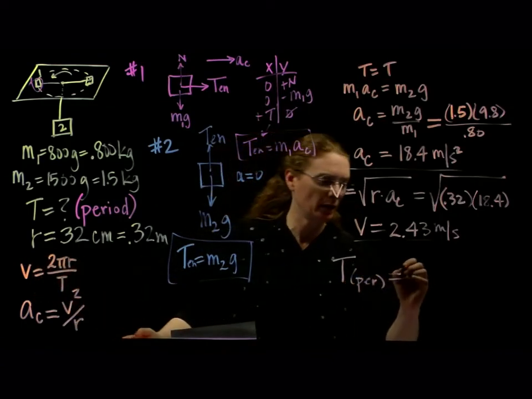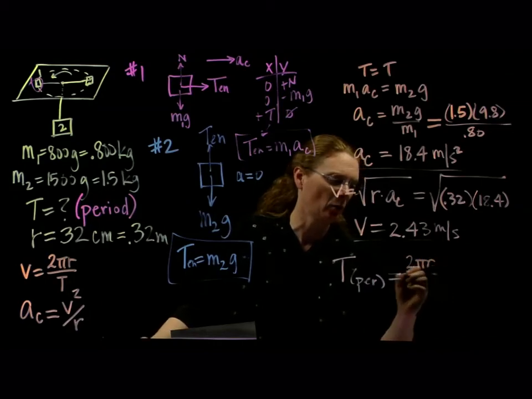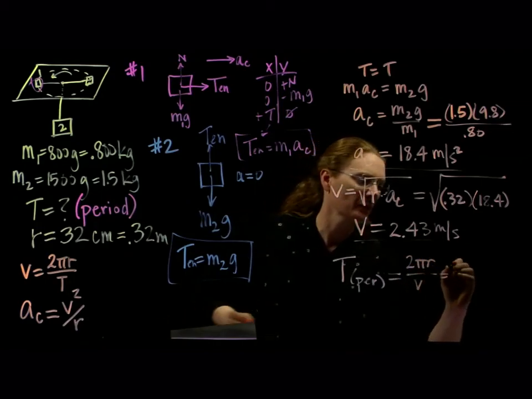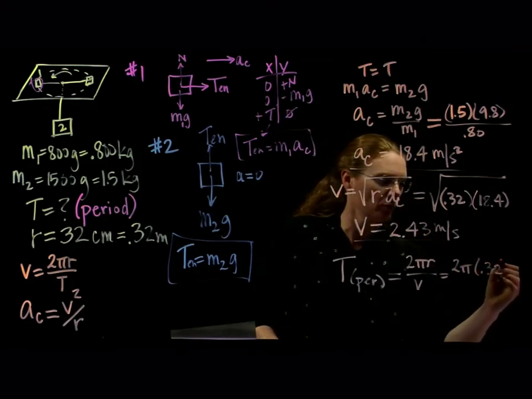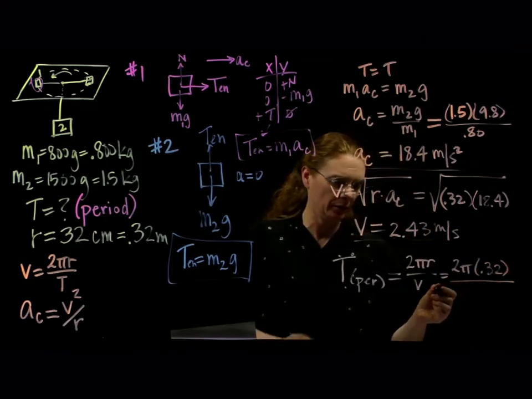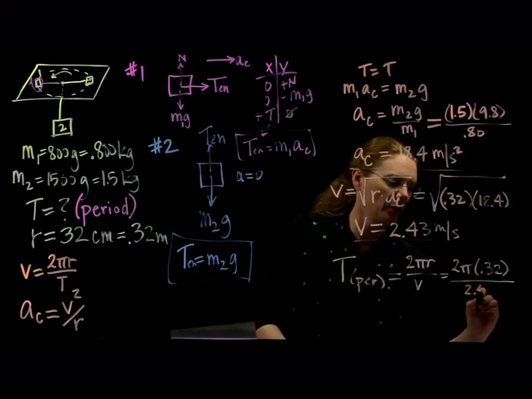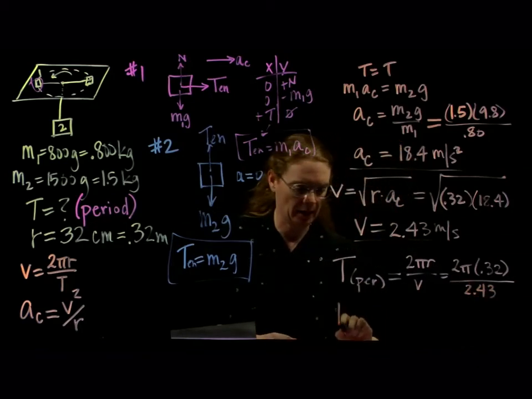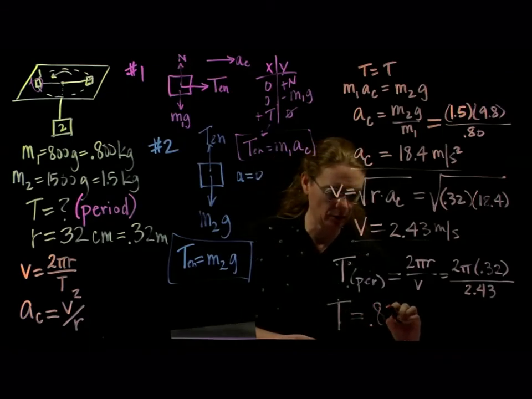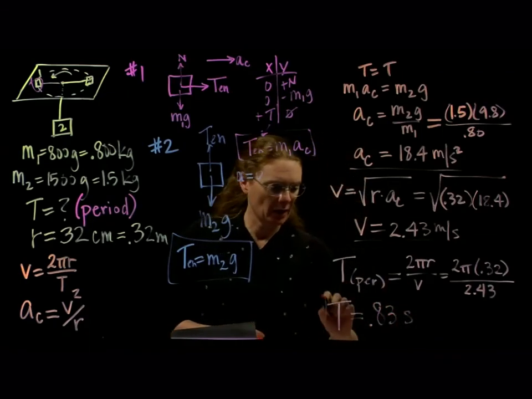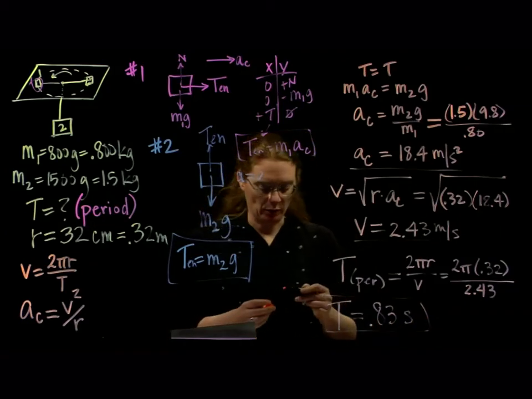Flip those two around, it's 2 pi r over my velocity, 2 pi times 0.32 over velocity, 2.43. I get a period of 0.83 seconds. Is that a reasonable number? Well, what does that mean?